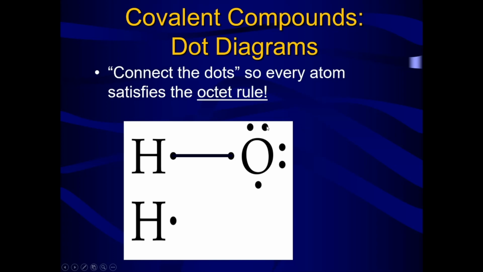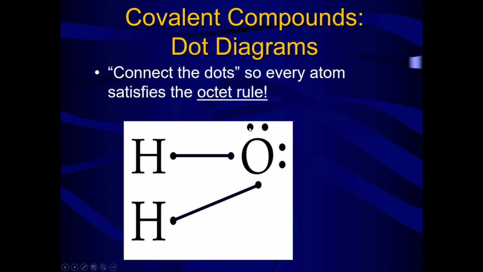Oxygen now has 1, 2, 3, 4, 5, 6, and 7. It's actually sharing with this hydrogen here, so it has 7. Then it needs to bond one more time, so it's going to bond to this hydrogen right here. This hydrogen is good as well because it has 2 electrons it has access to.